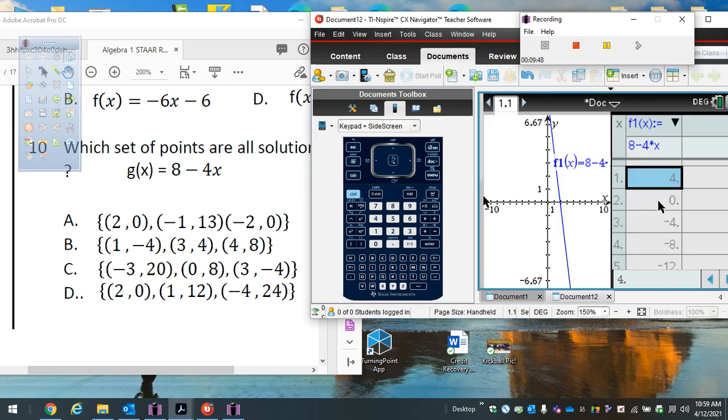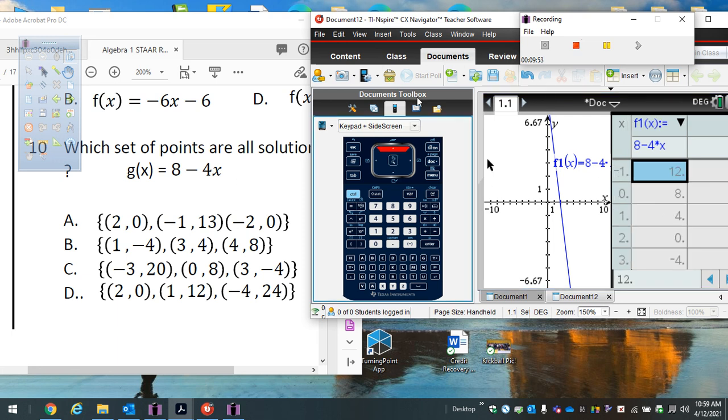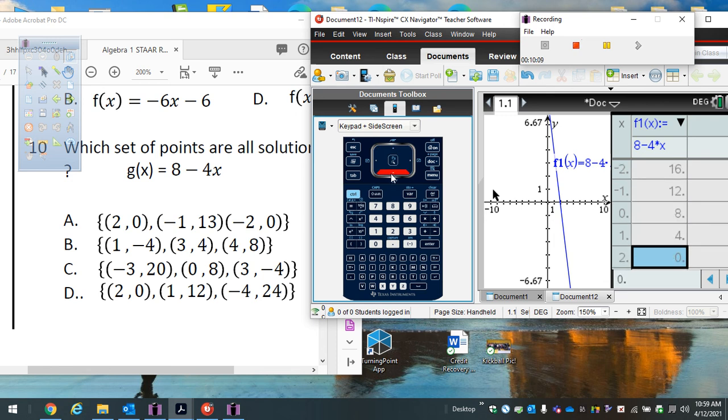2, 0. 2, 0 is there, check. -1, 13. So I'm going to go up. Wrong. That one's out already. 1, 4. Oh, wrong. -3, 20. I'm going to go up, -3, 20, good. 0, 8, and then let's go down here to 4, 8.